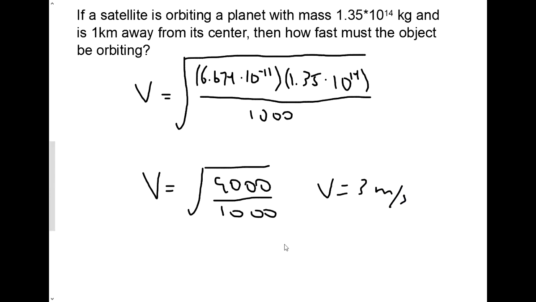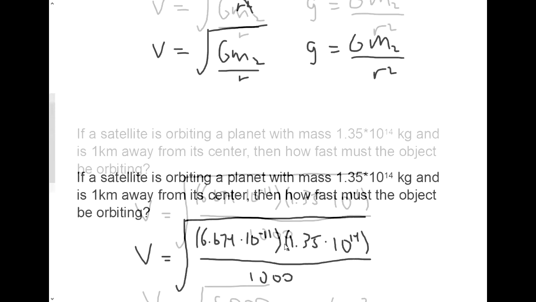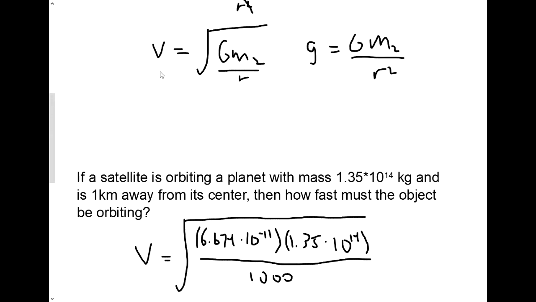A key thing to notice here is that in neither the velocity nor the gravitational acceleration equations does the mass of the satellite matter. The only masses that are taken into consideration is the mass of the planet.